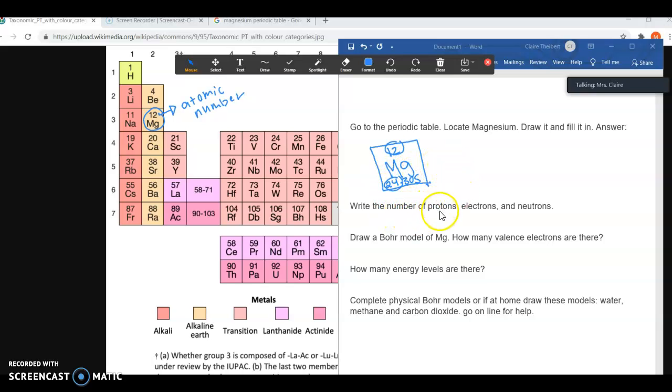So now we need to write the number of protons, electrons, and neutrons. And here I'll put atomic number, and this is your atomic weight.